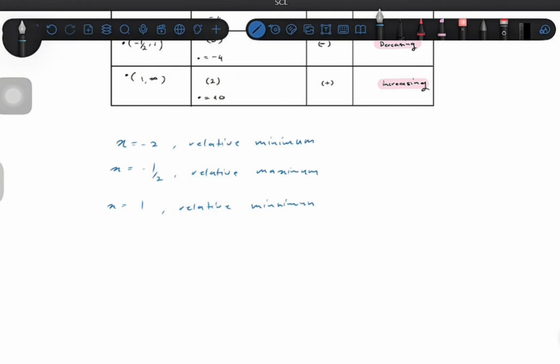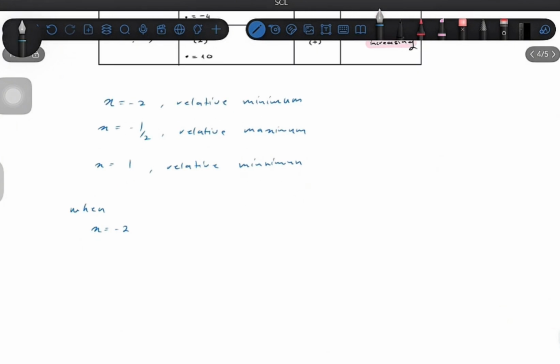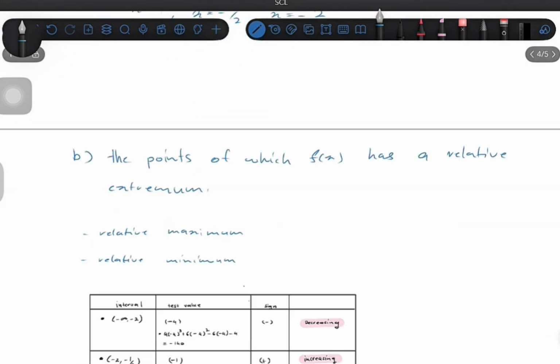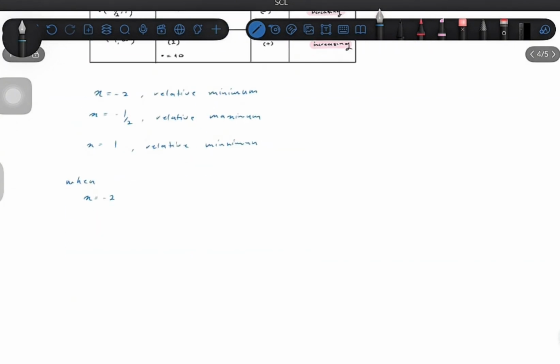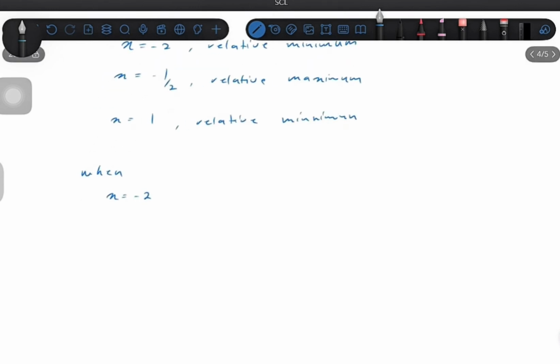To get the points of extremum, we need to insert the values of x into the original equation. The original equation is f(x) equals x to the power 4 plus 2x cubed minus 3x squared minus 4x plus 4.